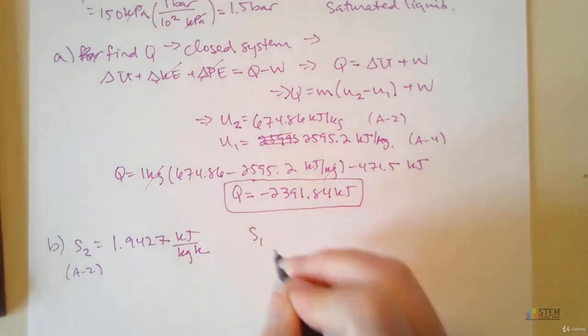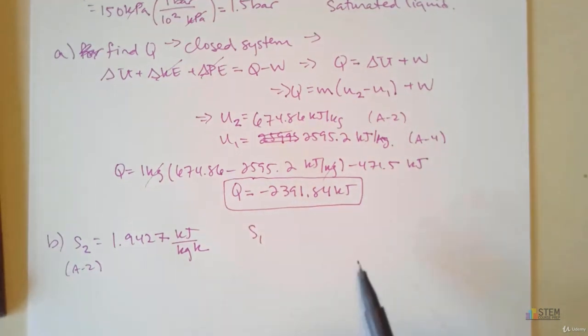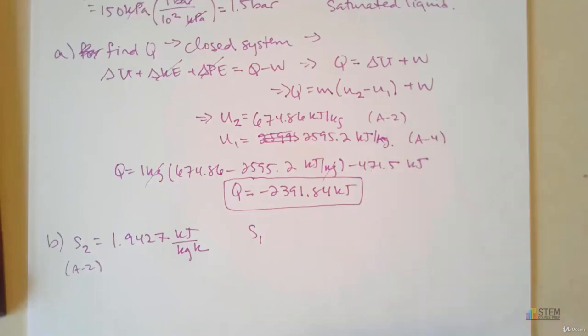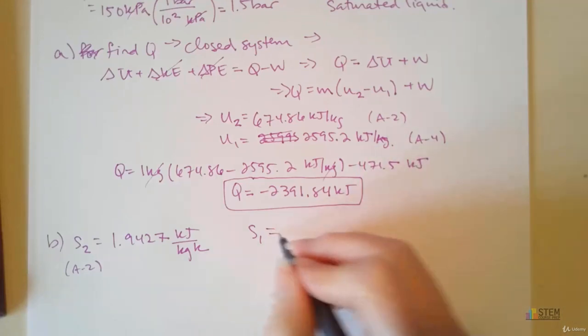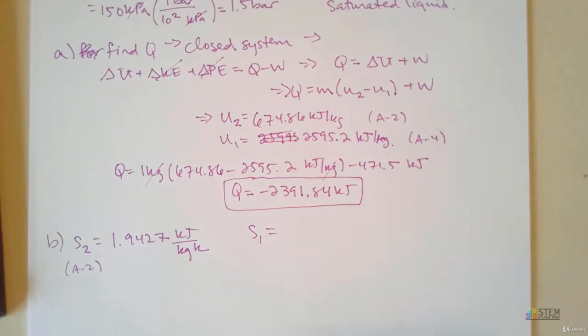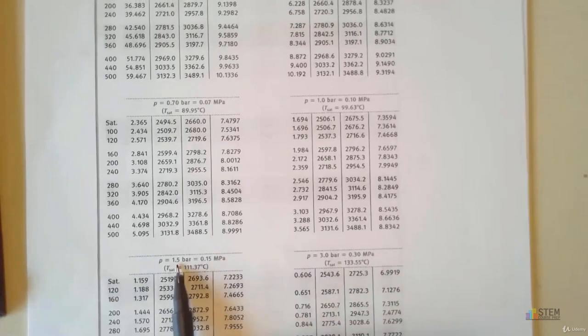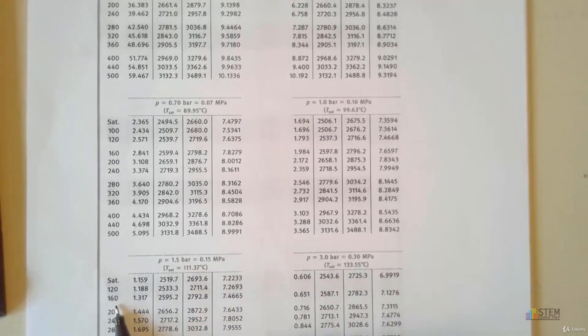And then we're going to do the same thing at S1. We're going to go back to the table that we used to find this, the superheated vapor table. If we use that, we're at a pressure of 1.5 bar and a temperature of 160. So here's the pressure, here's our temperature.